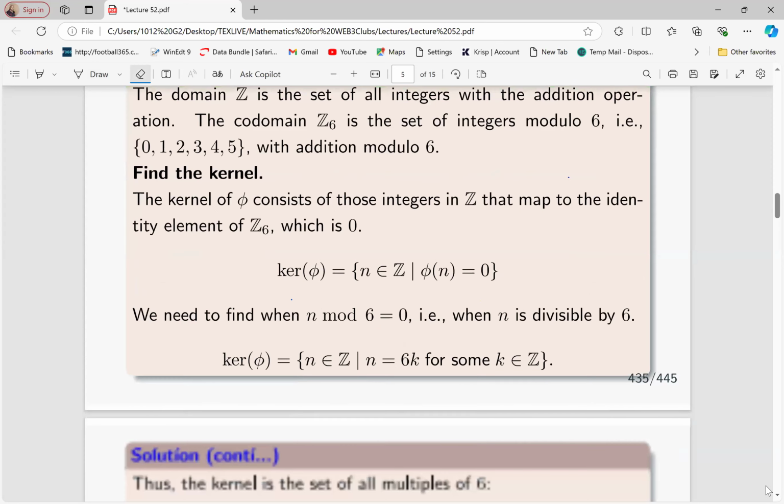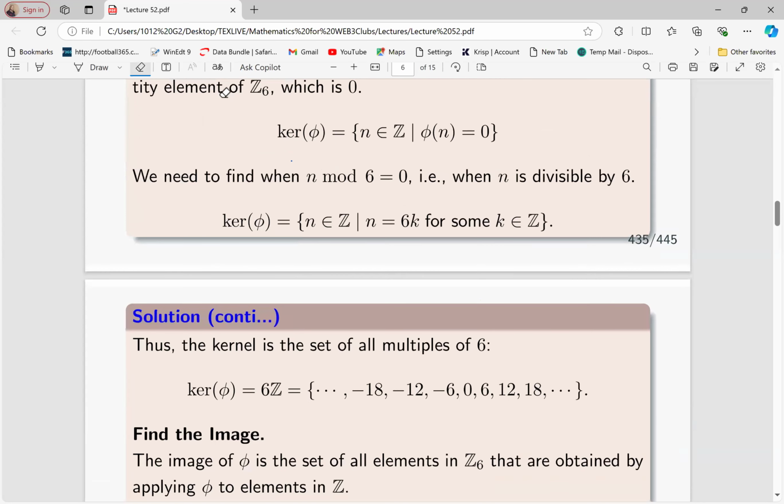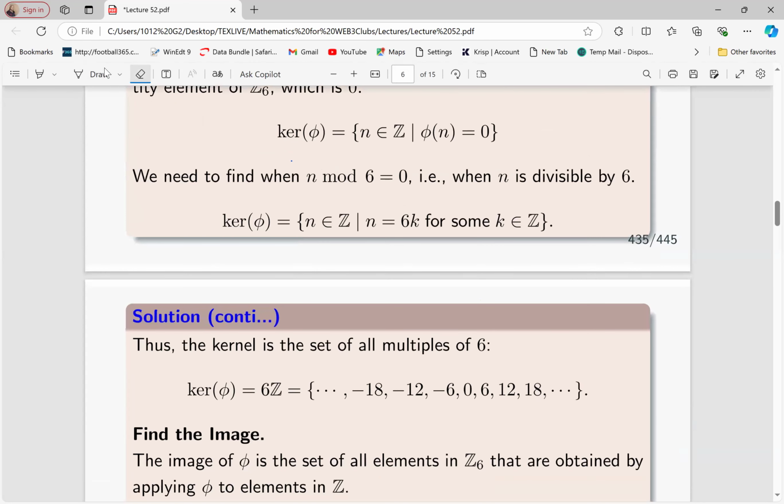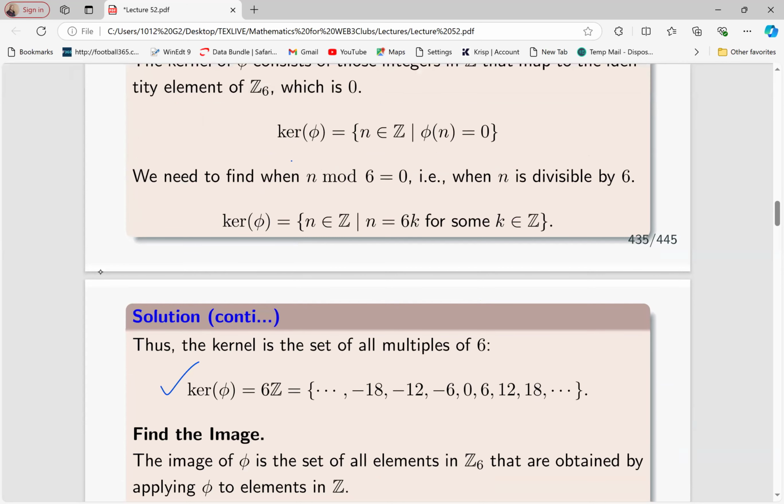And there are so many. And therefore, our kernel is this: numbers which are divisible by 6. Even 24, 24 is divisible by 6.